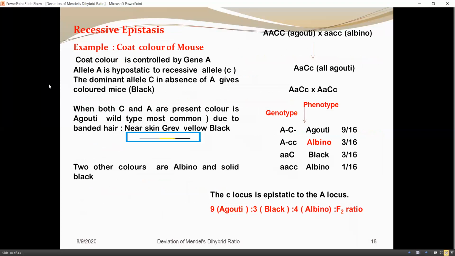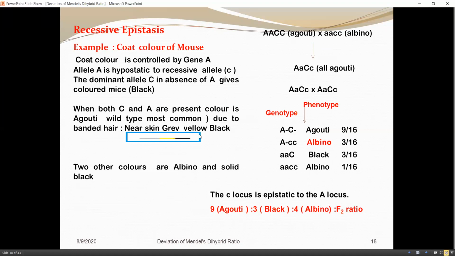Now you can see here, I will try to explain. Coat color is controlled by gene A. Allele A is hypostatic to recessive allele c. And dominant allele C in the presence of a gives colored mice, that is black. When both capital C and capital A are present, the color is agouti. You can see agouti, capital A, capital C. Agouti is wild type, the most common, due to banded hair.